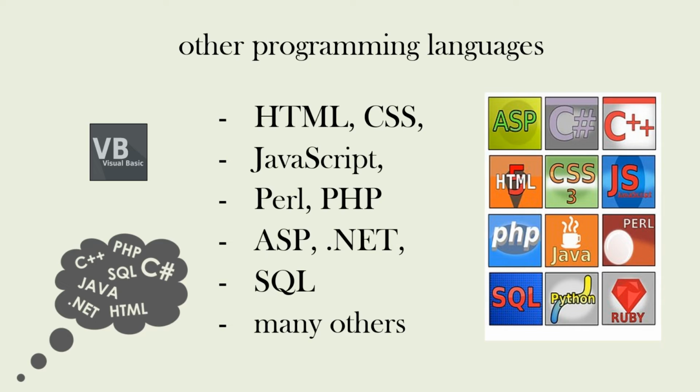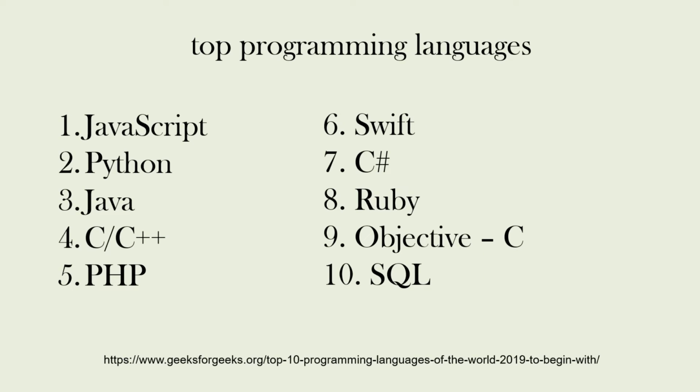And we have other languages such as SQL used for databases, and there are many more. If we have a look at some websites which list top programming languages, we can see that JavaScript and Python are very popular, as are Java and C and C++. We have many others.